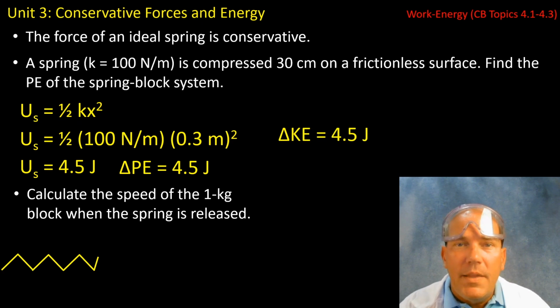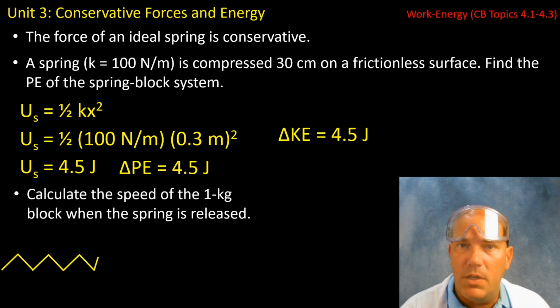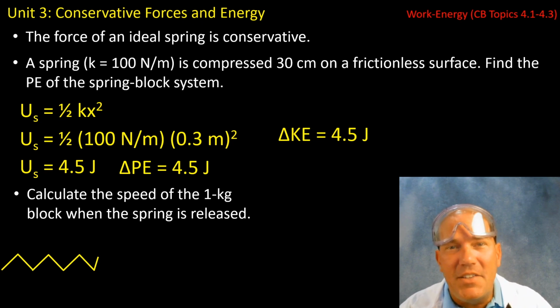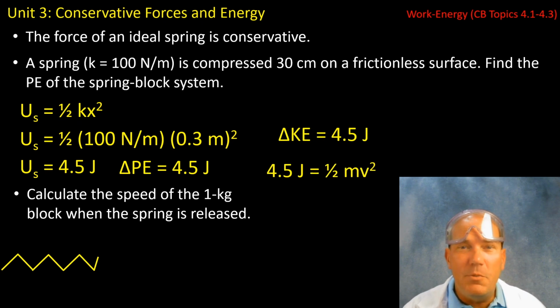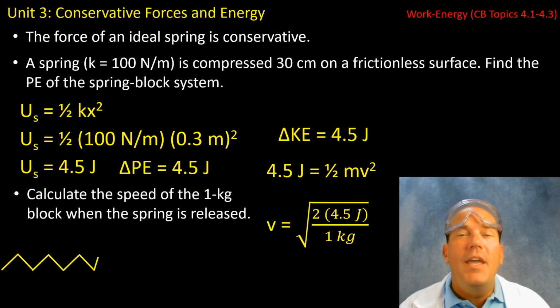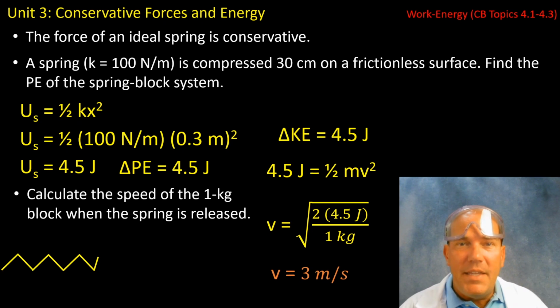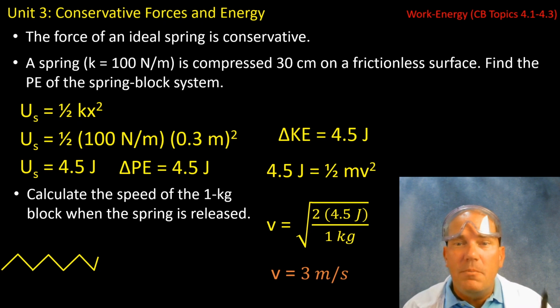Well, we know that the change in kinetic energy must be equal to the change in potential energy for mechanical energy to be conserved. So 4.5 joules is that change. And now we can set that equal to 1/2 mv squared. We can do a little bit of algebra here, and we can solve for the velocity of the block the instant the spring was released to be 3 meters per second.